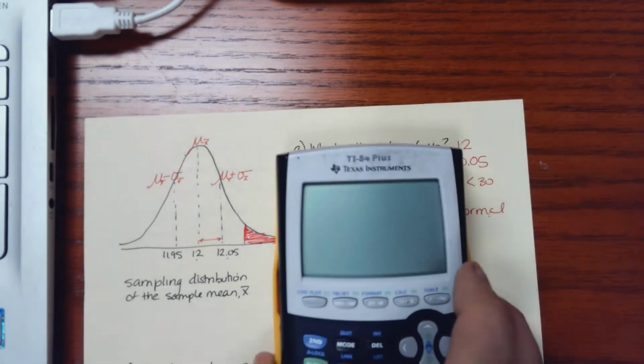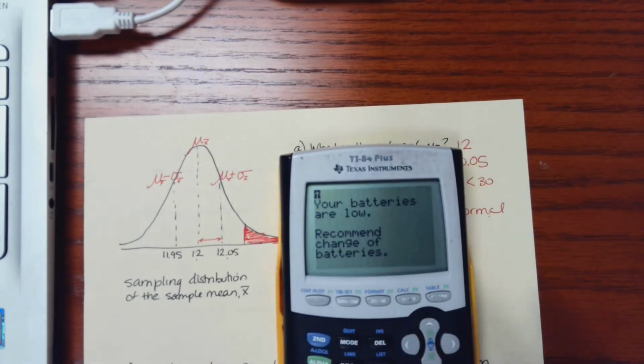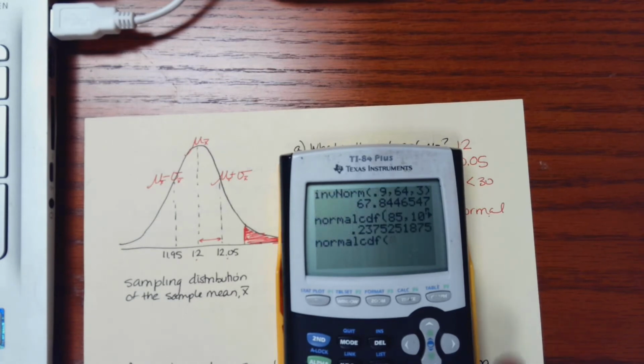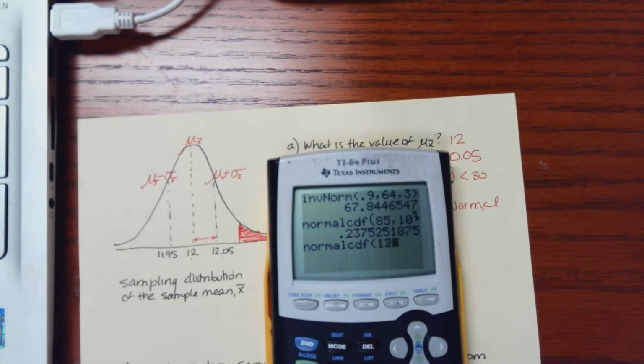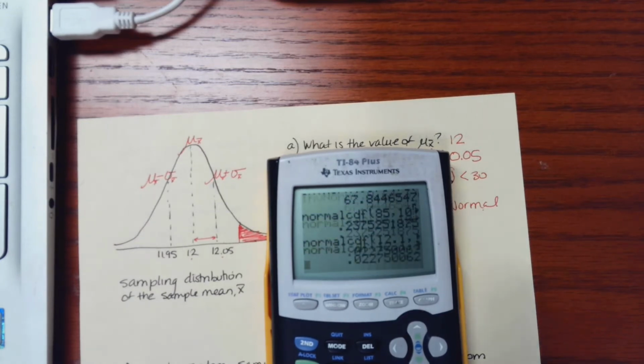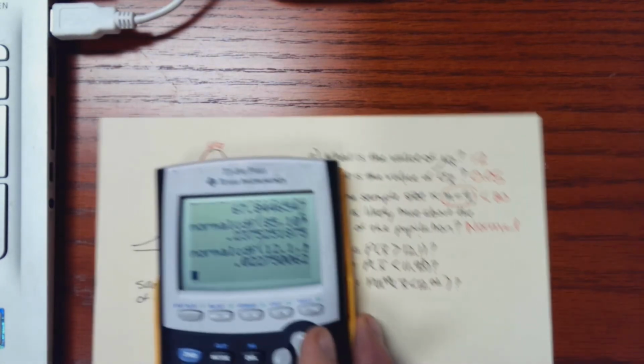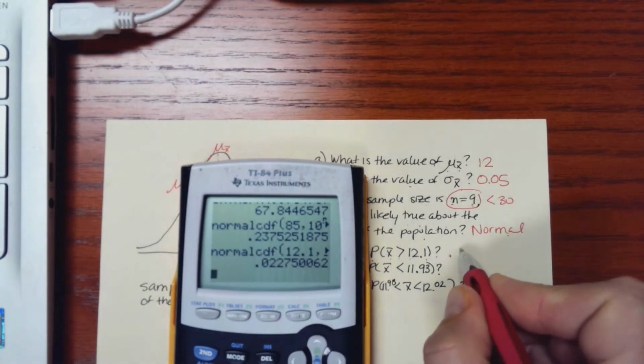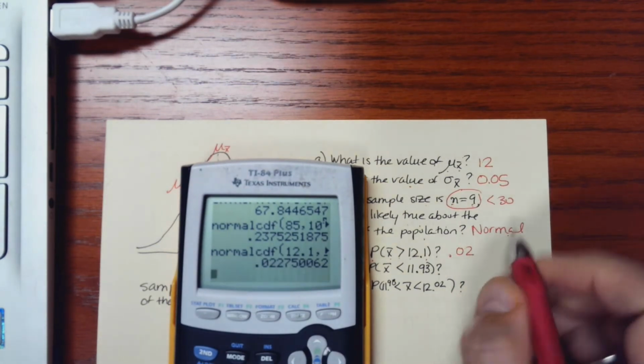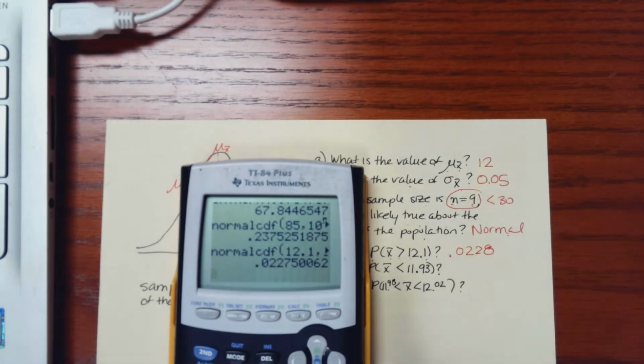And so I'm going to go to my calculator and say I need a distribution, the normal CDF, and I want to look at from 12.1 up to infinity, so I'm going to use 10 to the 99th power for a distribution that's centered at 12 with a standard deviation of 0.05. And the area that's here under this curve is 0.0228, and I'm just going to keep 4 decimal places for this.